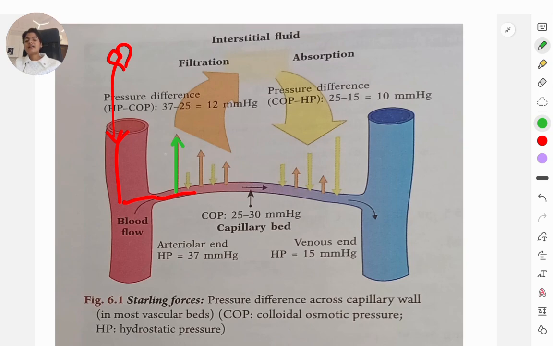Yeah, so it has had a greater magnitude also, but there is also some of the plasma protein over here, very less it was. Colloidal osmotic pressure always stays 25 to 30 mm of Hg because of the plasma protein inside the capillaries, but the hydrostatic pressure could vary.